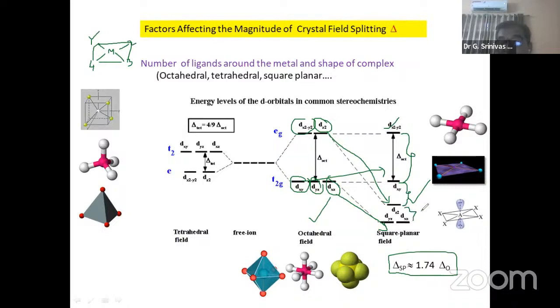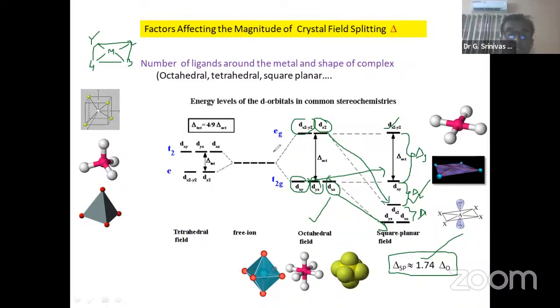If you take this as delta 1, this as delta 2, and this as delta 3, so delta square planar is equal to 1.74 delta O. So in case of square planar complex, we can see like this.